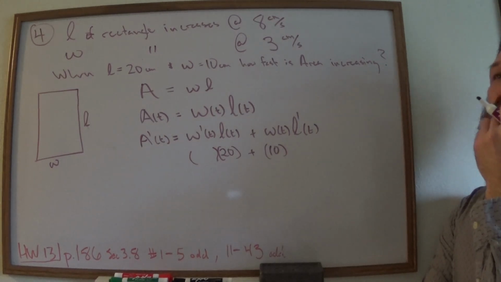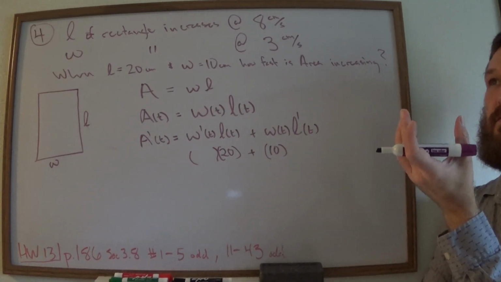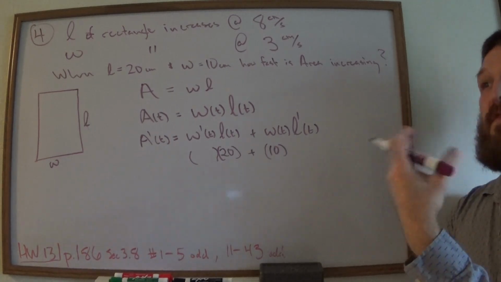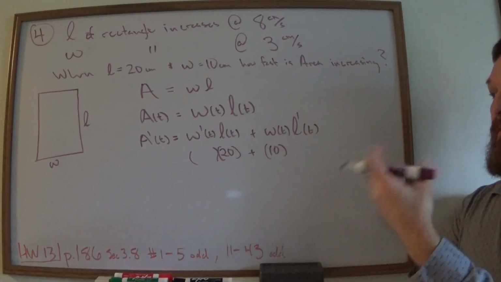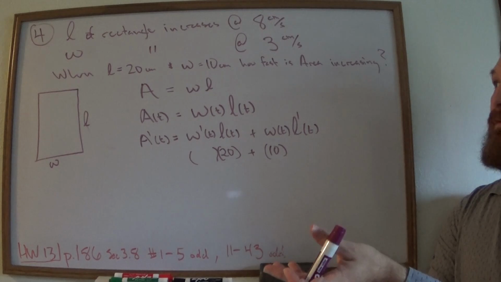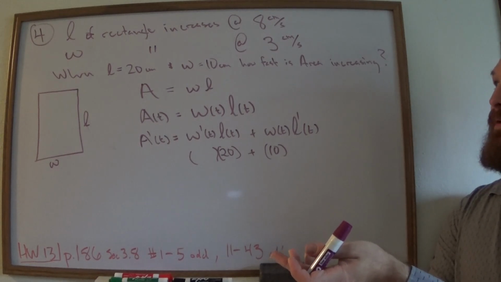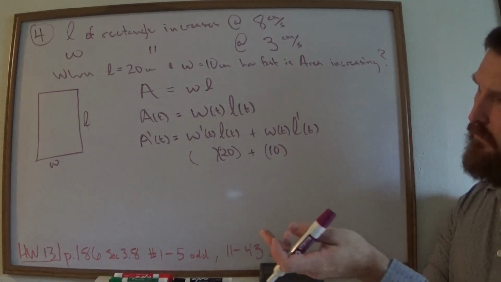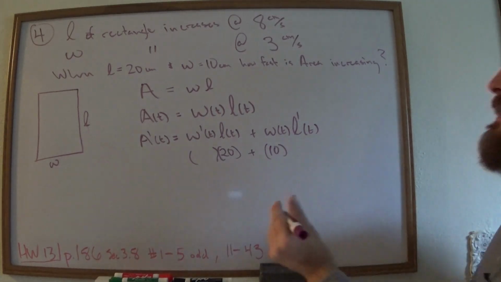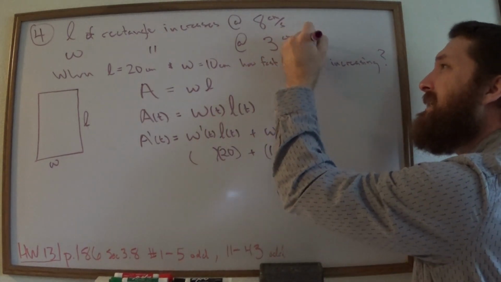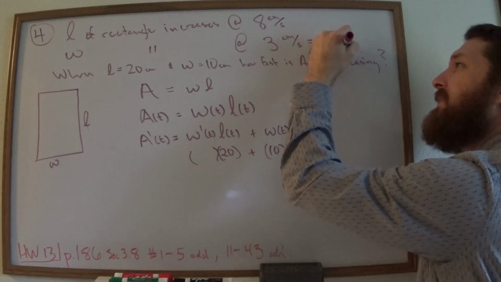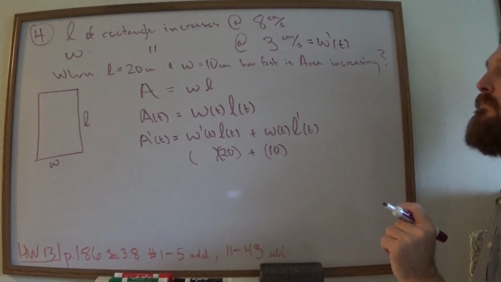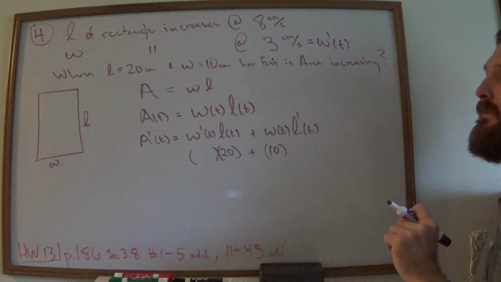So W prime is the derivative of W, which means the change in W. How fast is W changing? Is that up on the board somewhere? Yes, 3, right? So this is W prime at the time you care about.